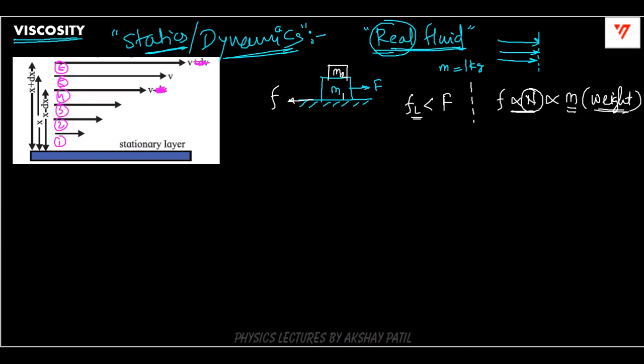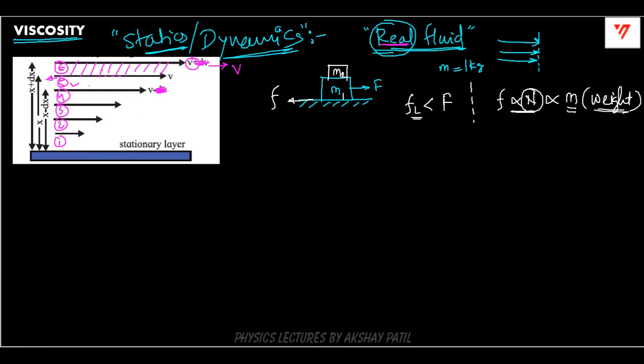Let's say at the top of the surface, the fluid has a velocity v, it is moving with speed v. Now, the next bottom layer, the fifth layer, the whole mass of this layer will offer some normal reaction at the surface. So if I consider it as a real fluid, this layer will apply a frictional force on the upper layer in the backward direction.